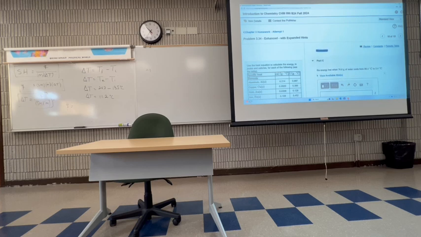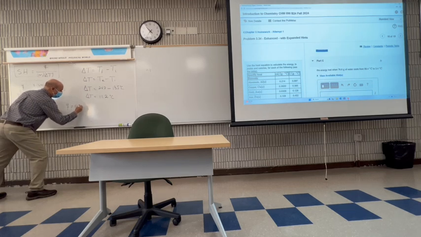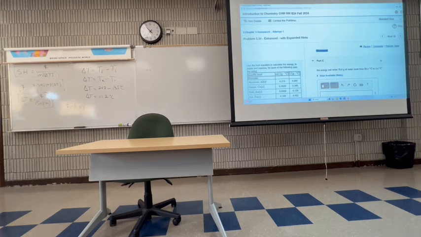Same formula. In this case, we have water still in the liquid state. So we're going to have 4.184. I'm going to skip units this time because we already know that the units work.